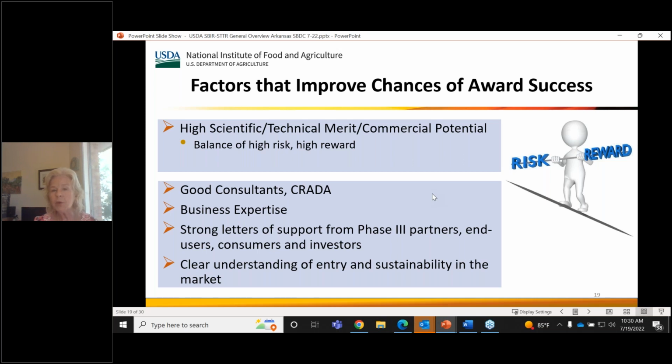These letters of support should be from phase 3 partners, so your end users, consumers who are going to buy your product, and investors who might be interested in investing in phase 3 of your project. And then demonstrate in your proposal that you have a really clear understanding of how you're going to enter the market, and once you enter the market, how you're going to sustain yourself in the market.